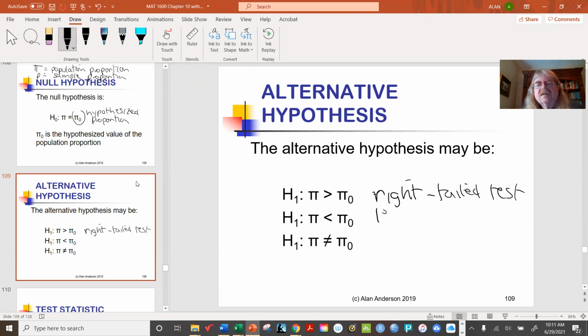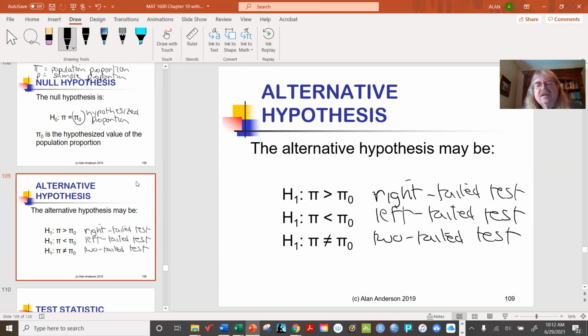This is my left-tailed test. And this is my two-tailed test. You notice how it's the same setup. Greater than is right-tailed, less than is left-tailed, and unequal to is two-tailed.